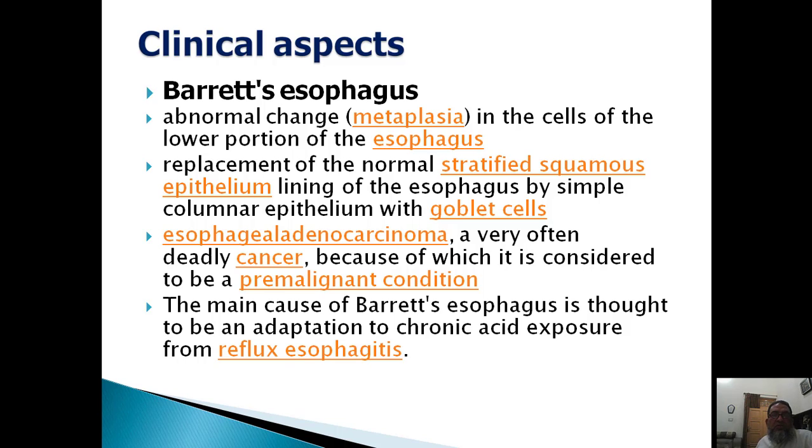Now, Barrett esophagus is nothing but the metaplastic change in the lower one-third of the esophagus, due to the change in the epithelium from stratified squamous to simple columnar with goblet cell. It is also thought to be a precancerous, pre-malignant condition. The cause is constant reflux esophagitis, which is seen in some patients.